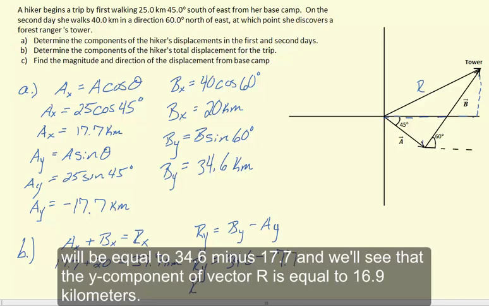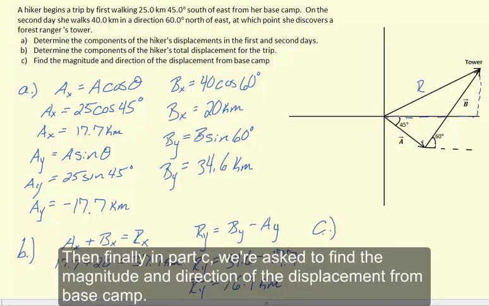And we'll see that the y component of vector R is equal to 16.9 kilometers.